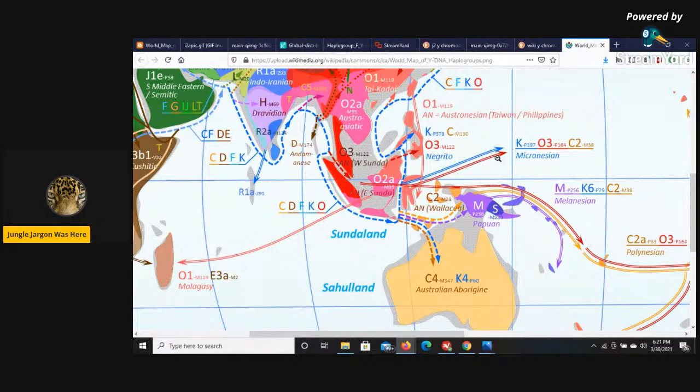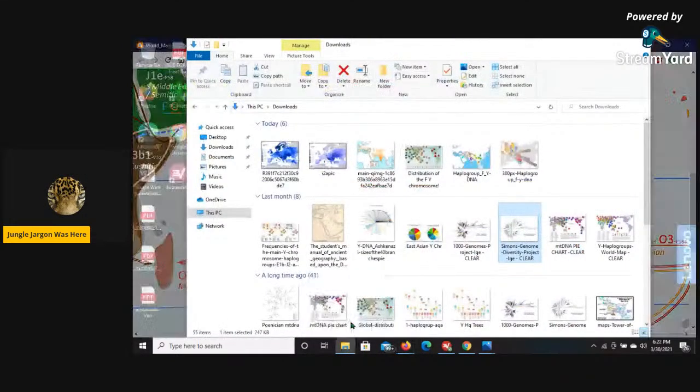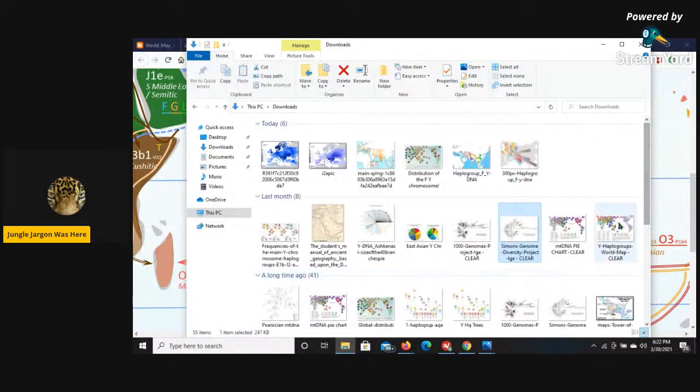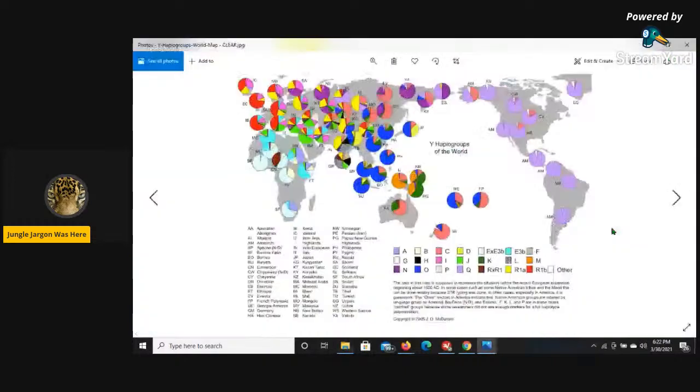And if you look at other charts, you'll see that it has the mixtures, like discharge. Which one here? This is MT. This is Y. Okay, in Australia we have the K, which is this color.